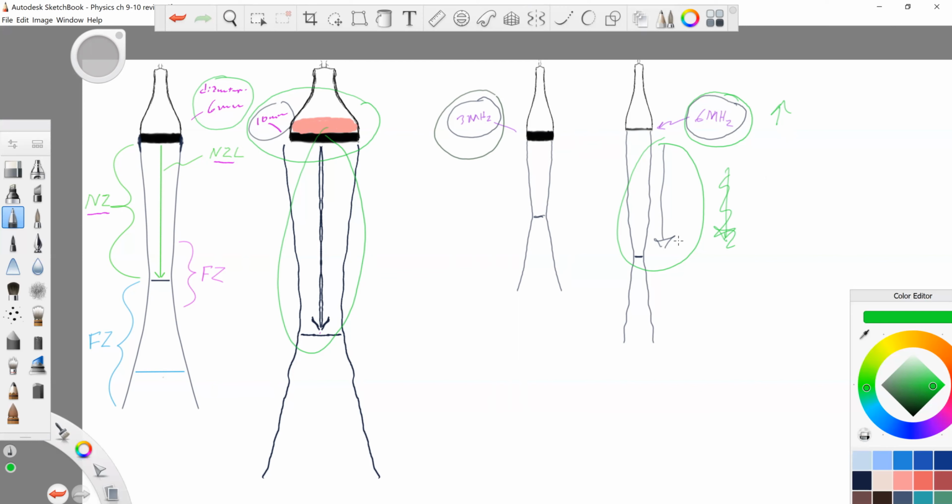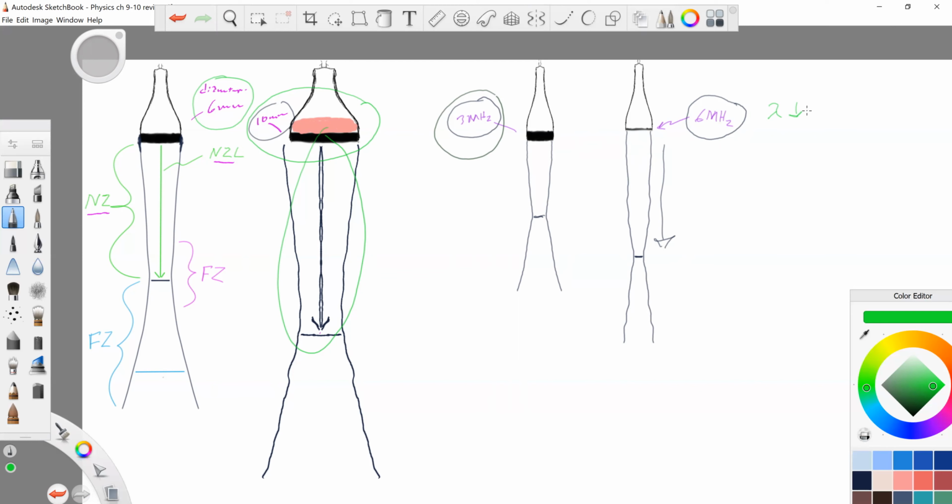And then wavelength and near zone length are inversely related. Ooh, okay. Now let's slow down. I want to get rid of some of my little green drawings in there. Wavelength and near zone length are inversely related. So, wavelength, lambda in a 6 megahertz is less than, right?